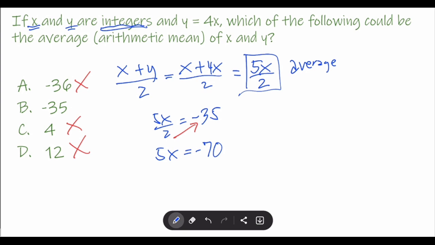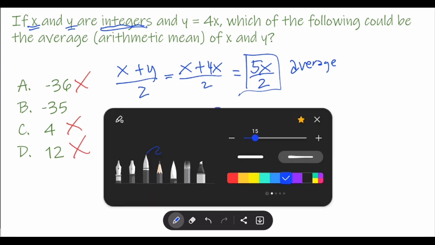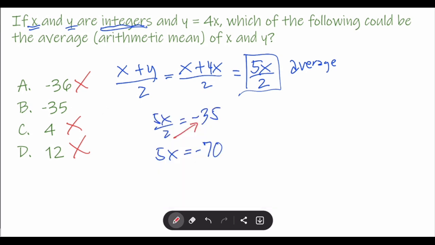Then we divide both sides by 5 so that only x is left. So negative 70 divided by 5 is negative 14.